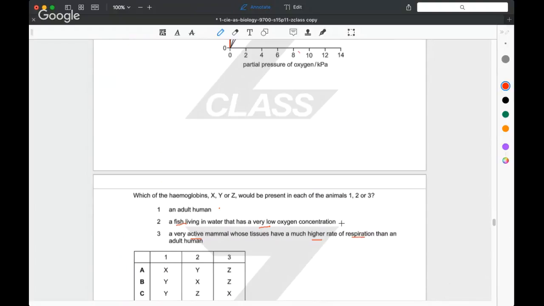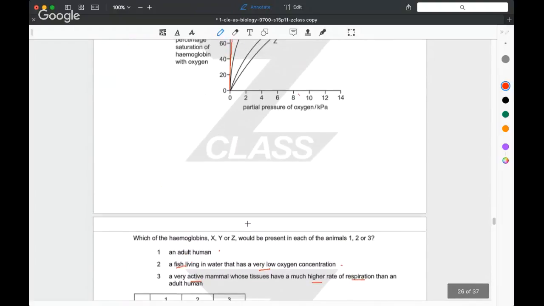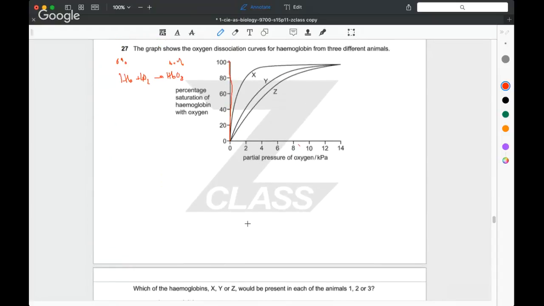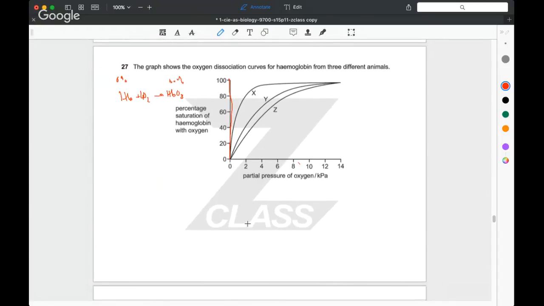Well, I think the easiest one to spot to begin with is the fish. Now, the fish is in water, and that water has a very low dissolved oxygen concentration. So the fish needs hemoglobin that can grab oxygen when the concentration of oxygen is low. Now look at these. Which of those shows hemoglobin that can most strongly grab oxygen when the partial pressure of oxygen is low?